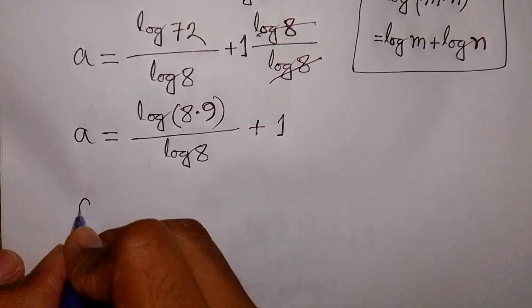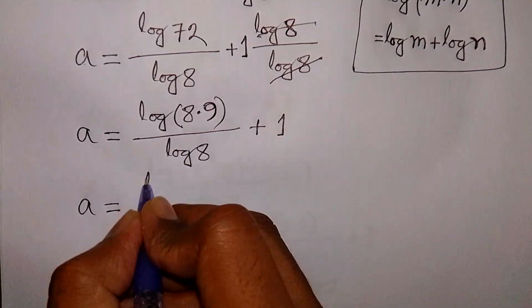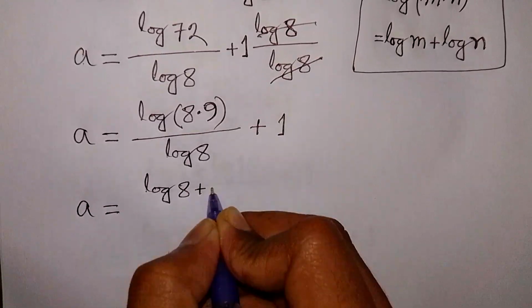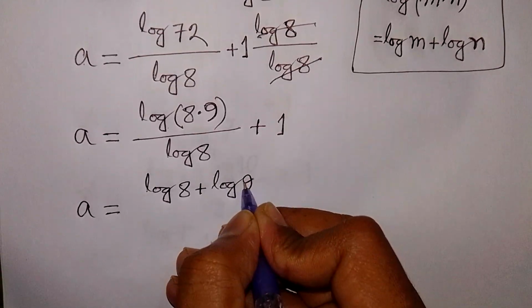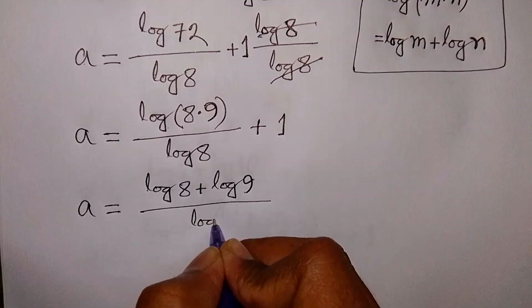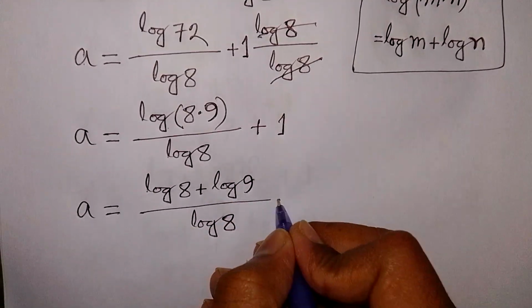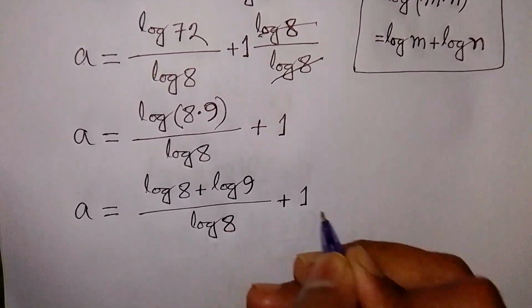In the next step, a is equal to log of 8 times 9 is same as log 8 plus log 9 over log 8 plus 1.